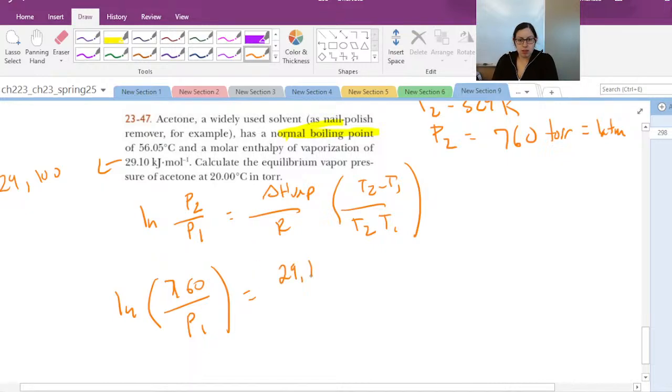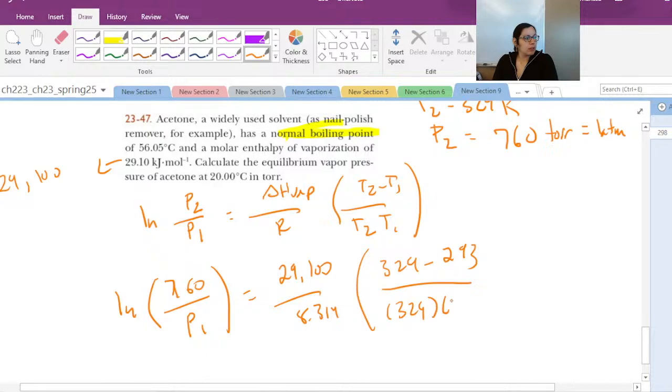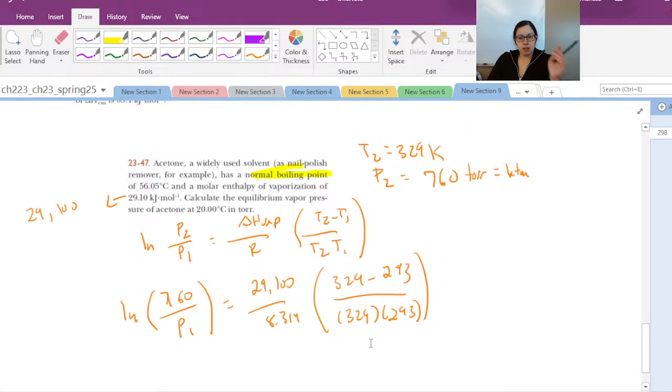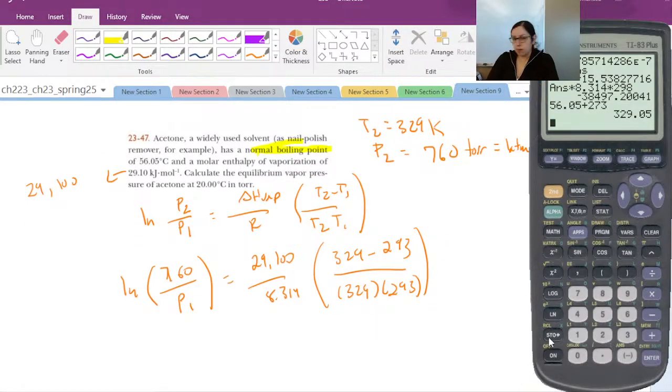Now it's just plugging and solving. And then this is just 293 Kelvin. You can let me know your answer while I plug away.